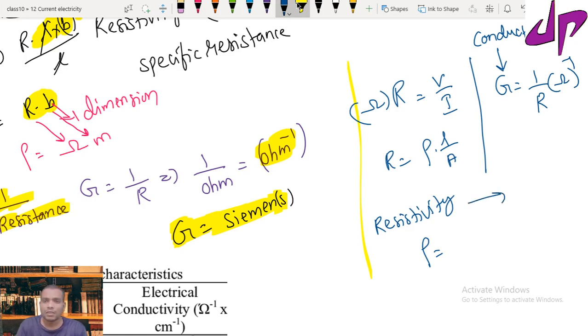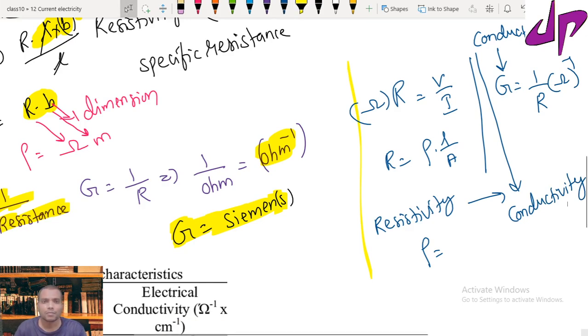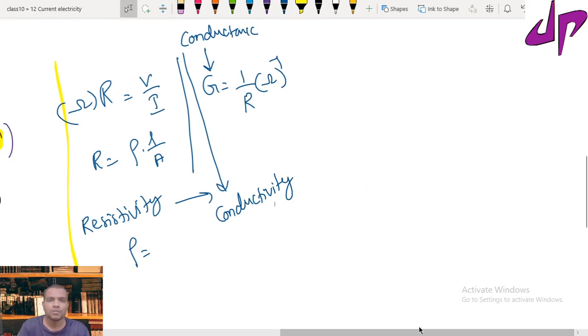The similar term for conductance, we can define as conductivity. We can define conductivity as the reciprocal of resistivity. So conductivity equals 1 over resistivity.